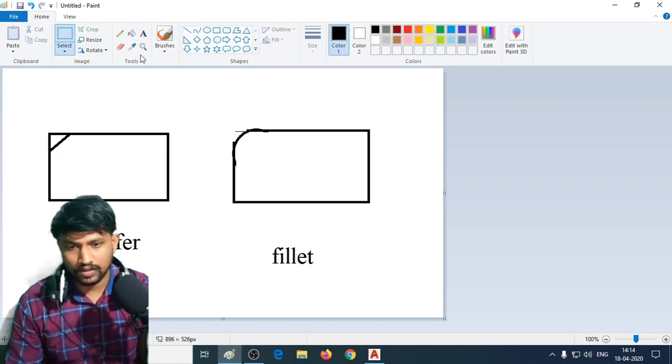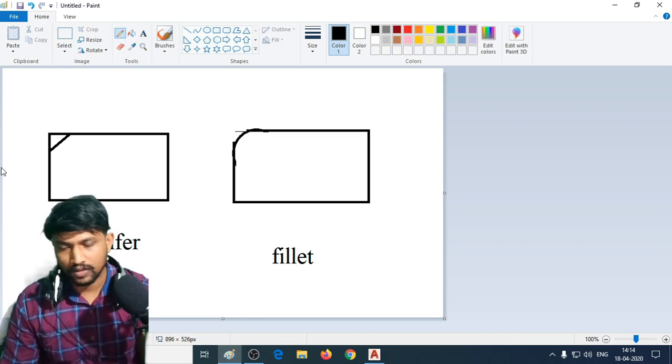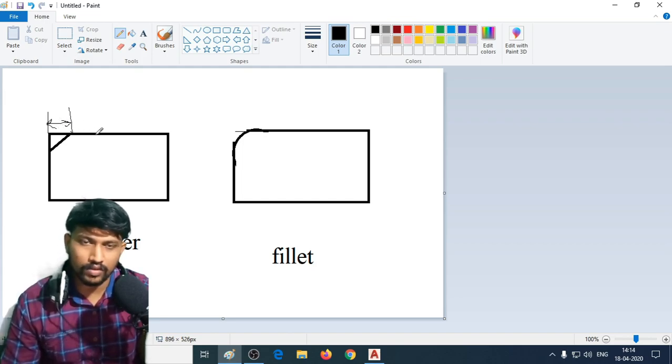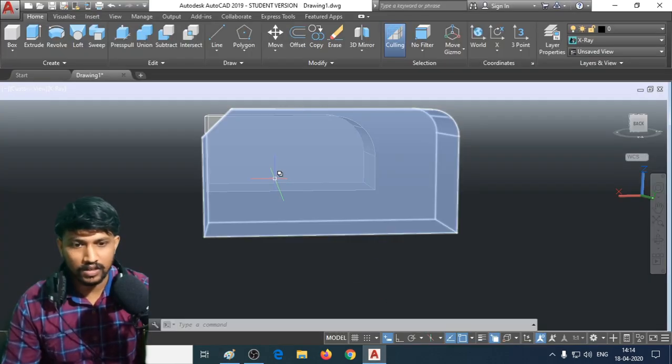In case of chamfer, this is the dimension that you need to provide. Initially you need to provide two different dimensions here. Can you guys see this here?